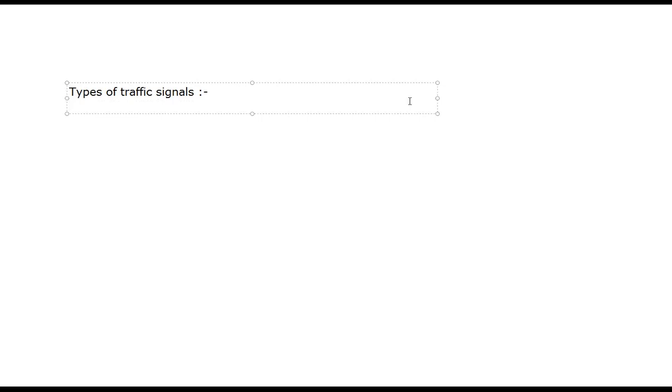So basically, these traffic signals are divided into three types. Number one, traffic control signals.